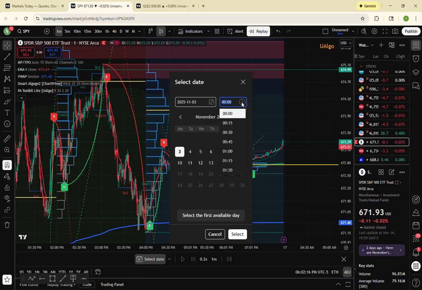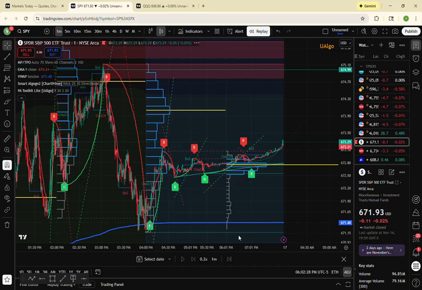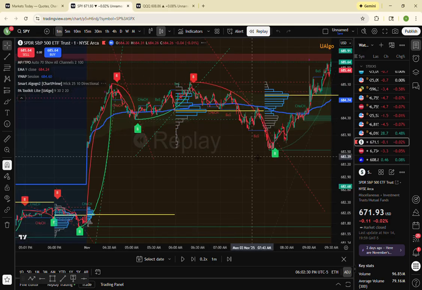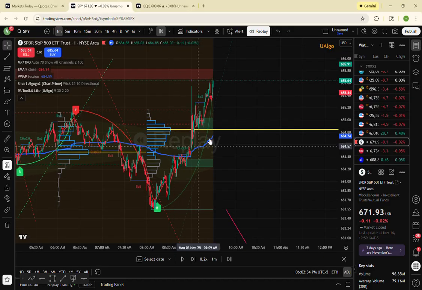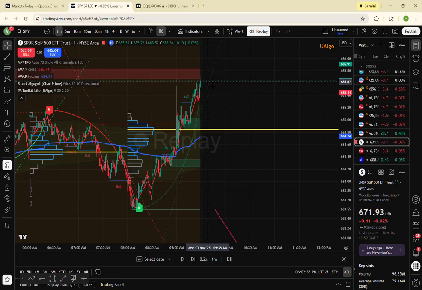So click on the time right here, and I said 9:30, right? 9:30, so select. Clicking on this date, it cuts everything off. Then you start from 9:30 on that same day.